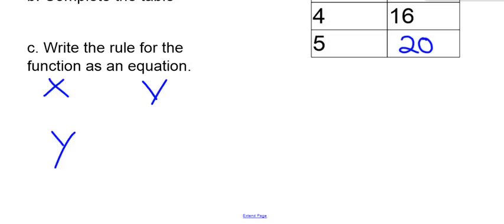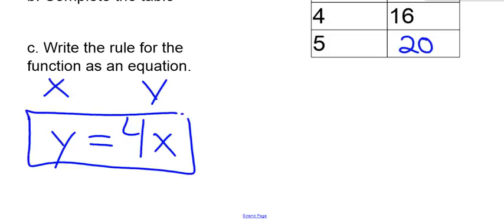And usually we start with the output, y, that's just math being math, right? But we put y down first as our output, and it's going to equal x. And how does y become this? Right, we already talked about this. 4 times x gives us y. And so the rule of this table here is y equals 4 times x.